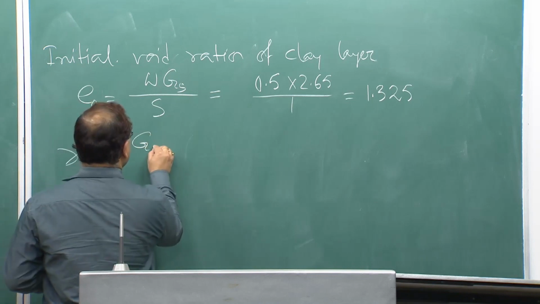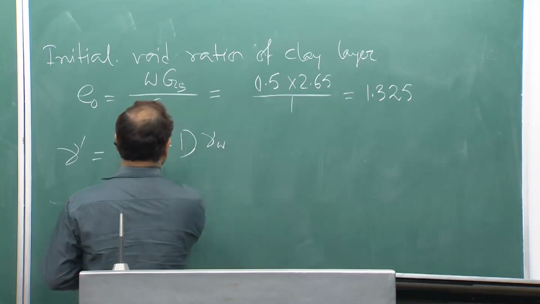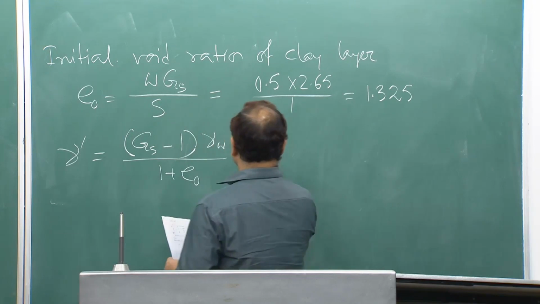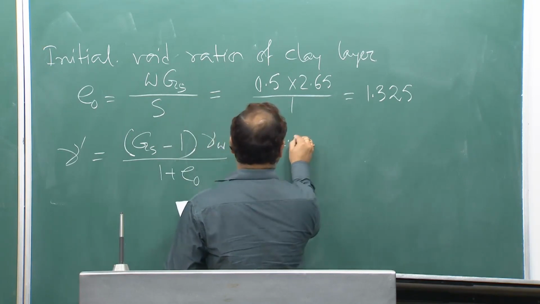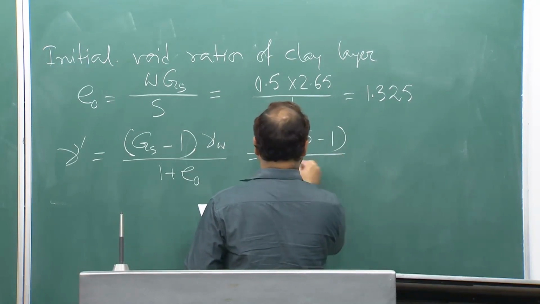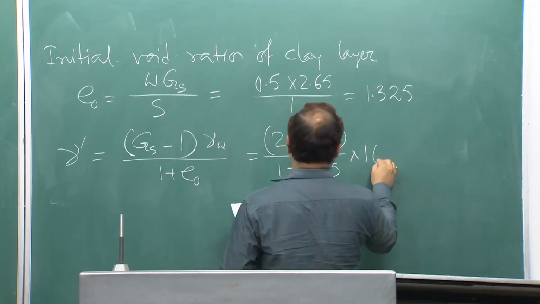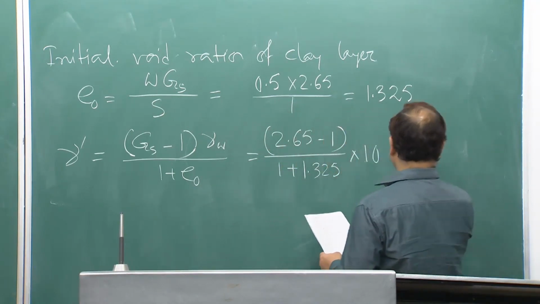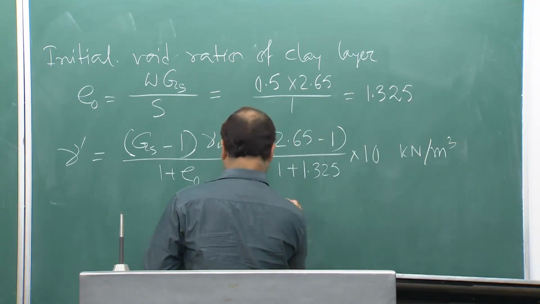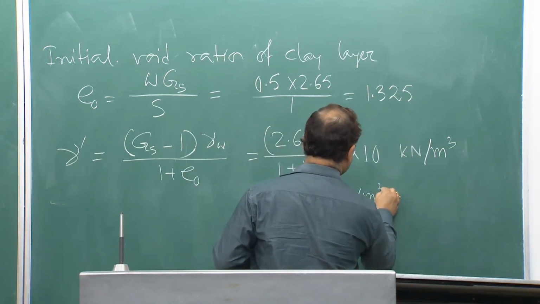That can be obtained from this expression, you know this expression, or you can establish it from the basic definition. So, which gives me (2.65 minus 1) divided by (1 plus 1.325) into gamma w, which is 10 kilonewton per meter cube. So, that comes as 7.09 kilonewton per meter cube.